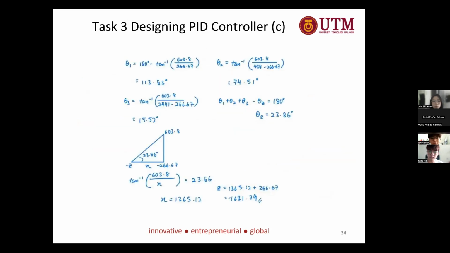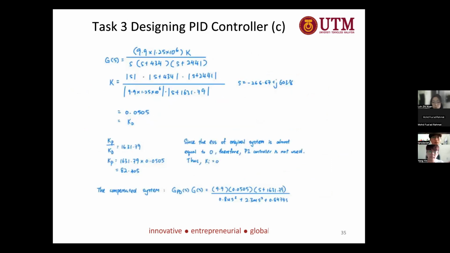Next. After using the angle property, we get the new zero value, negative 1631.79. After that, by using the gain formula, we substitute the value of the dominant pole inside the gain formula, then we can obtain the new gain, which is 0.0505, which is also equal to the KD value.